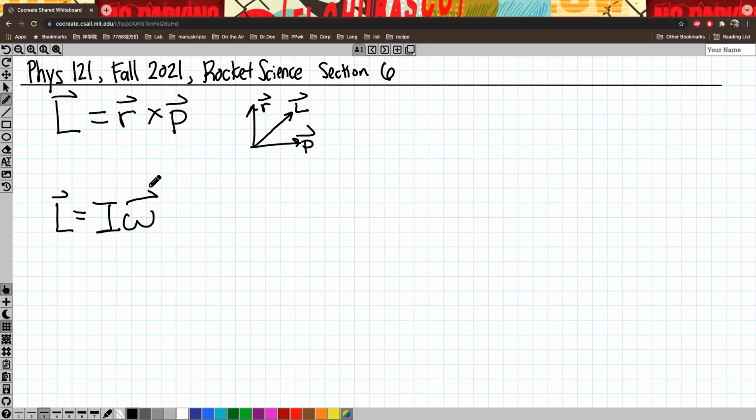Well, it would still be pointing in the same direction as angular velocity, right? Yeah, and will the angular velocity change if the rocket is rotated? I think so.